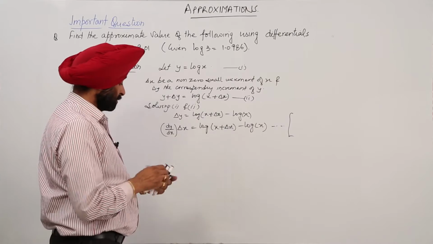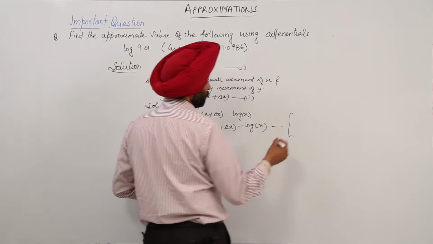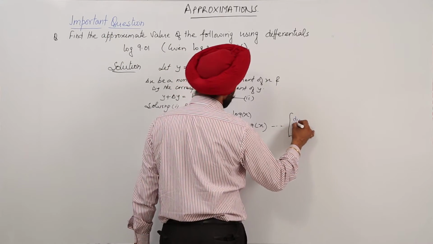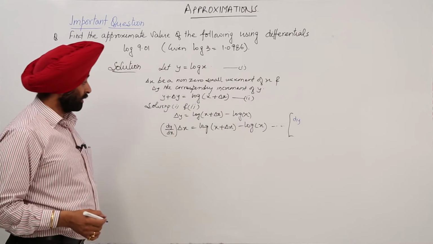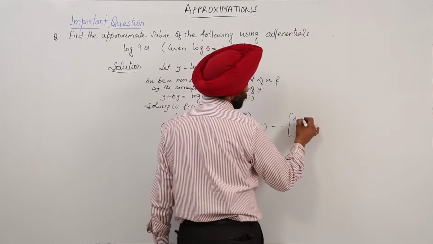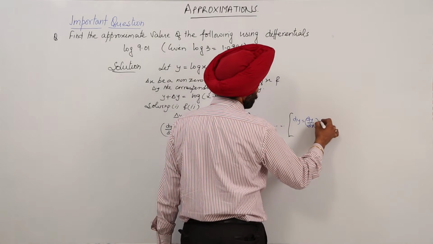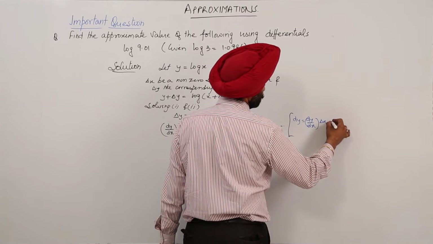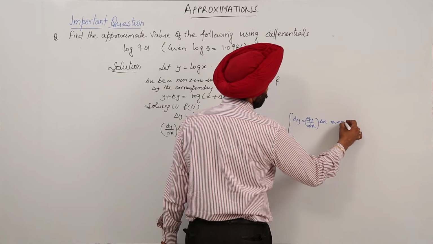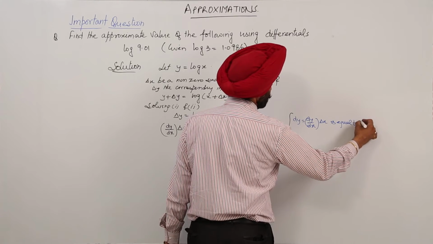Now dy is equal to dy by dx with delta x, which is equal to delta y.